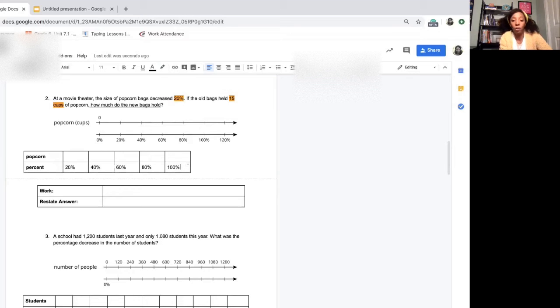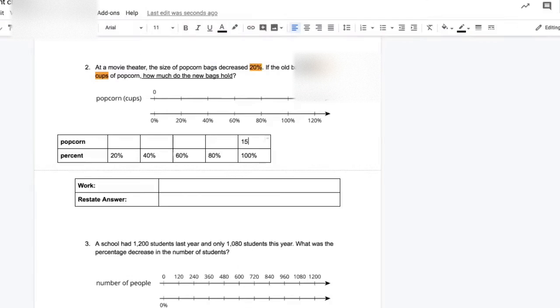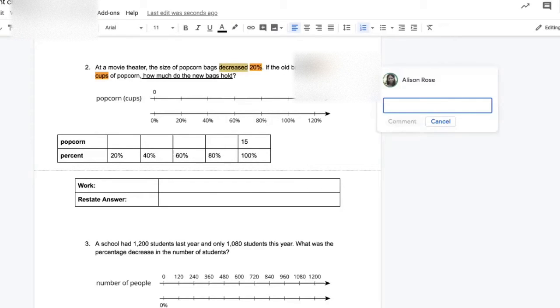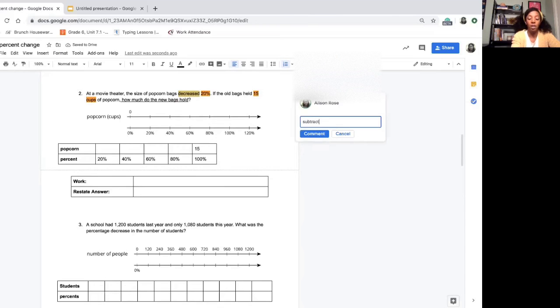Well, the old bags, if they were filled up, had 15 cups. So that would be our whole, 15 cups of popcorn. However, I know that they decreased by 20%. When I think of the word decrease, I think of subtraction. So I'm going to take my whole, which is 15, and subtract 20%.